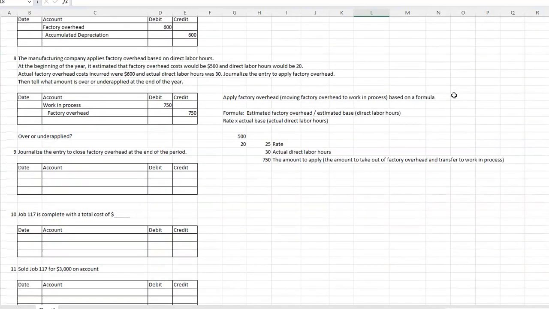So let's go do that. First of all, this was underapplied because I did not take out enough by $450. So let's, oops, that should say $450, not $540.